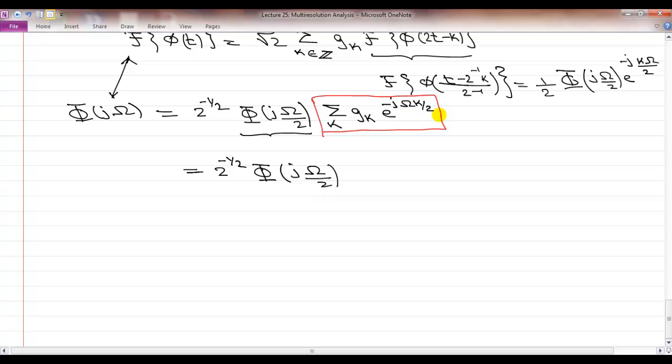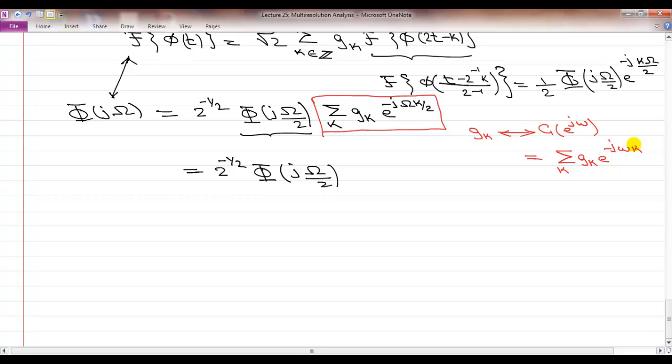We have seen that so many times. If I think of my g of k as a sequence, it has a discrete time Fourier transform: the summation over k of g of k e to the minus j omega k, or omega n.